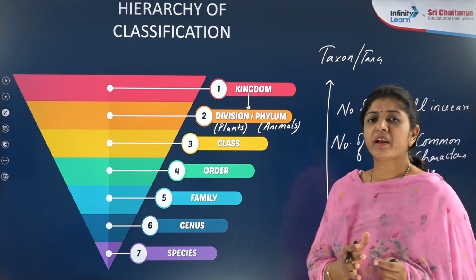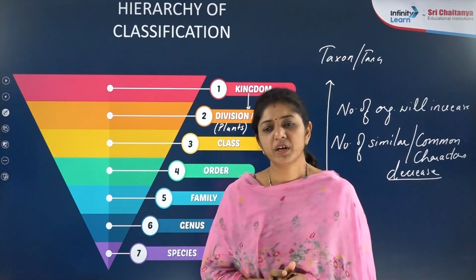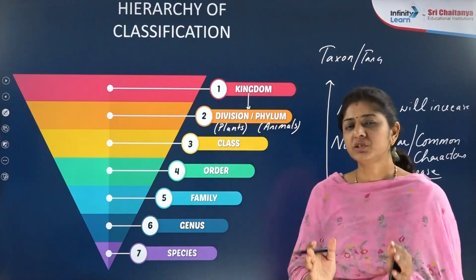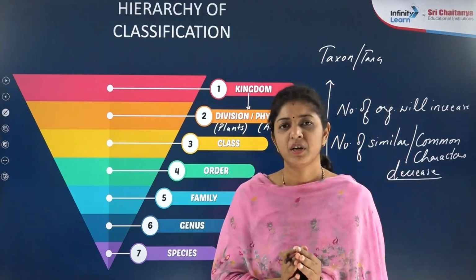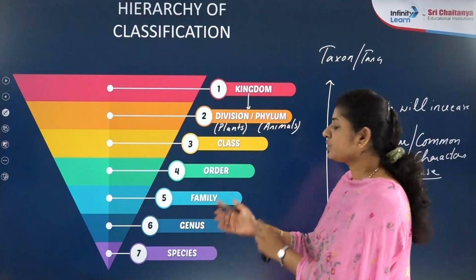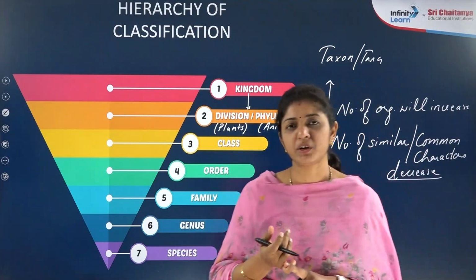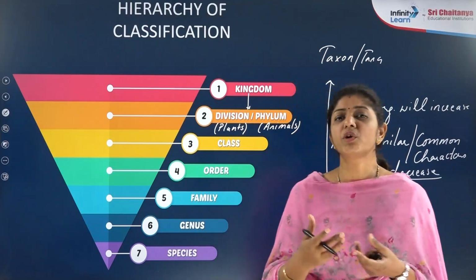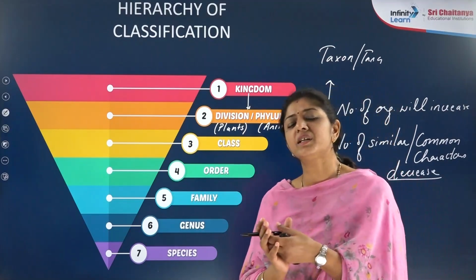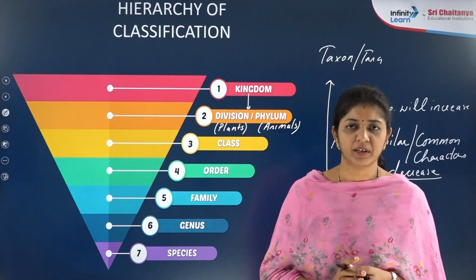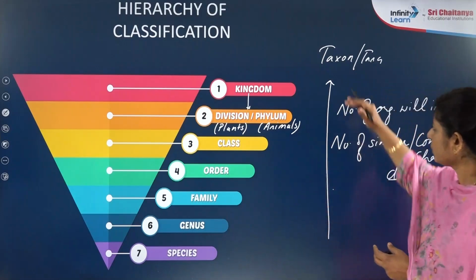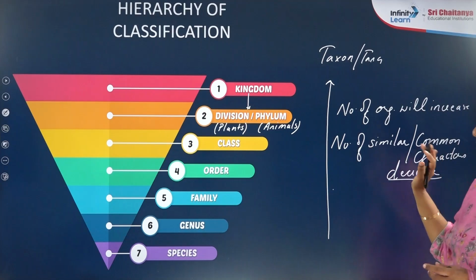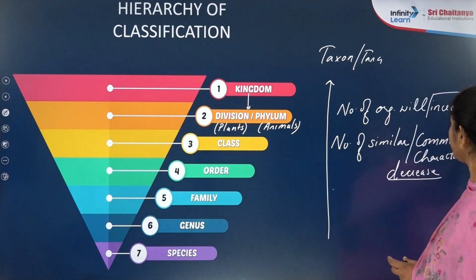Because like Monera, you know that one of the kingdoms, randomly, okay, one more I am taking plant. Is there anything common much between that? It is not much. But if I am taking genus species like Solanum tuberosum, means potato, right? Solanum melongena means brinjal. You can figure out more of the similarities because they are coming under the same family Solanaceae, right? So if you are moving from lower to higher, the number of similar or common characters will decrease, but the number of organisms will increase.